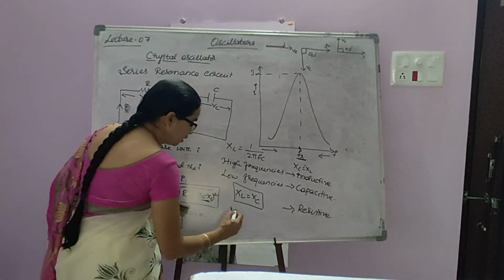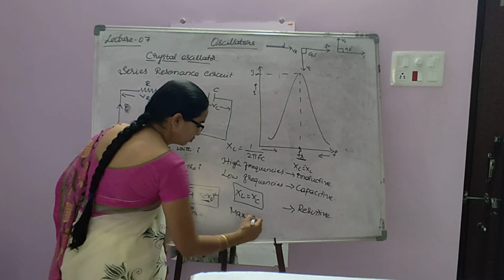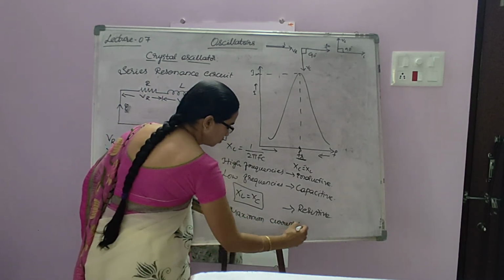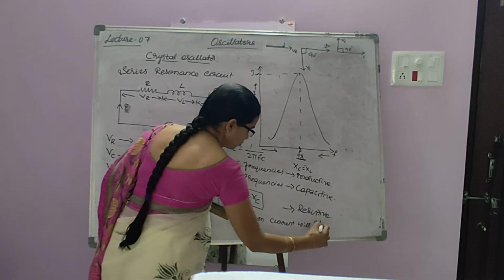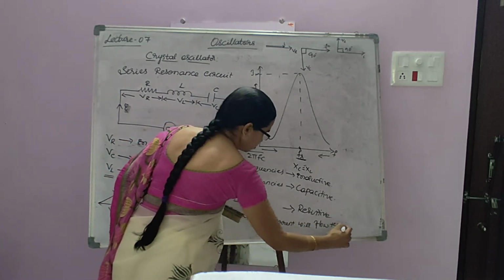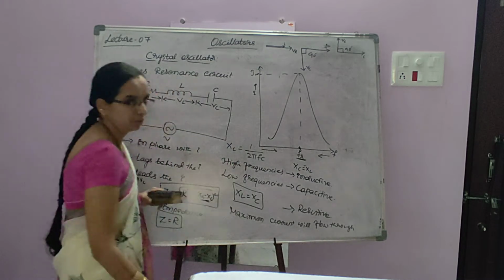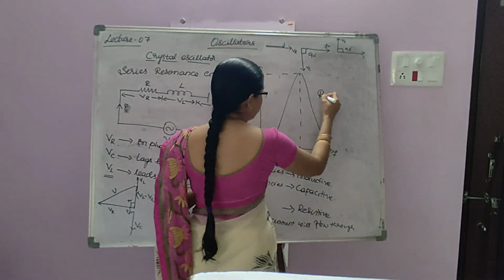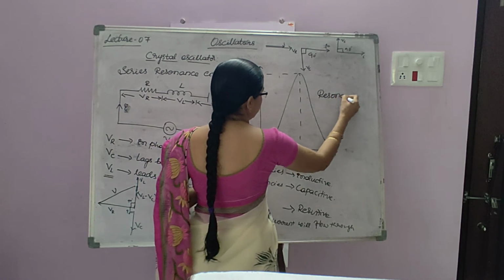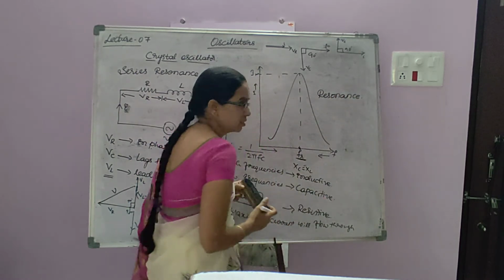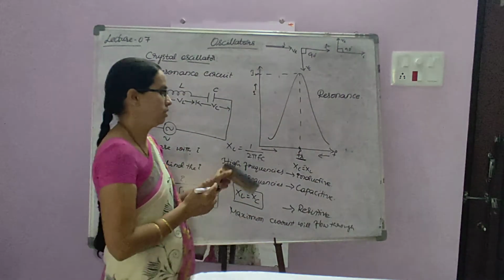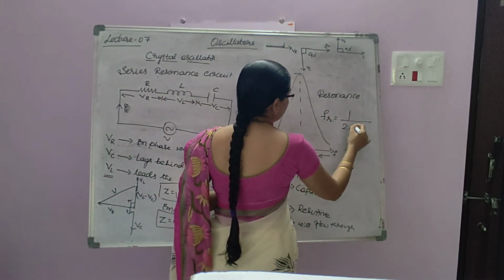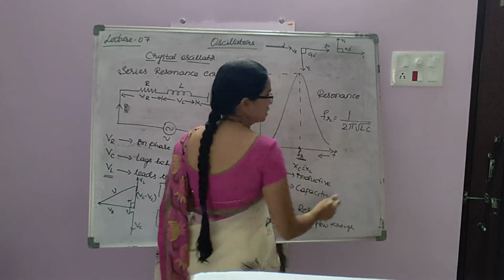So maximum current will flow through the circuit. That point is called the point of electrical resonance, or the resonant frequency, and it is given by the formula 1 by 2 pi root LC.